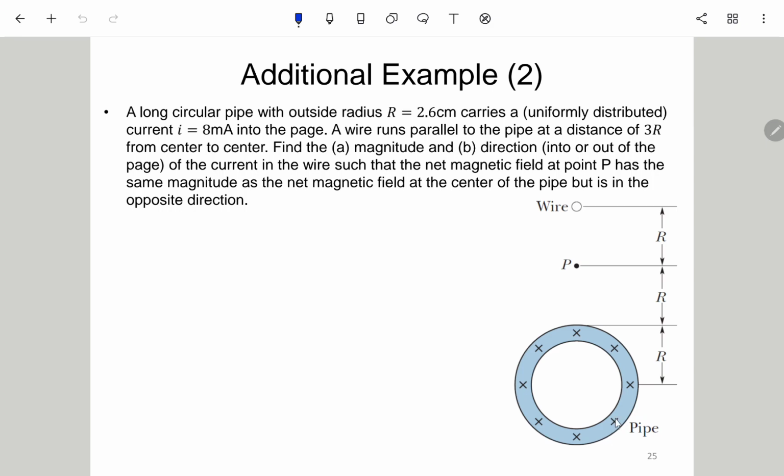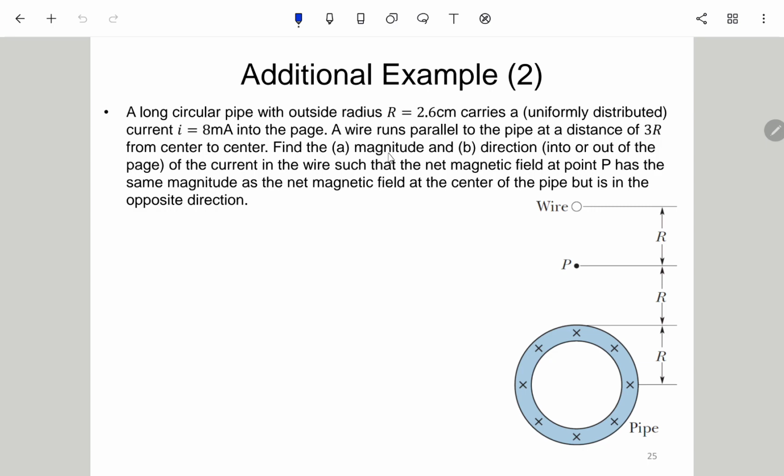This hollow thing is a pipe with a uniform current going into the page. A wire runs parallel to the pipe at a distance of 3R from center to center. So here we have a wire, and the distance is 3R from this wire to the center of this pipe.